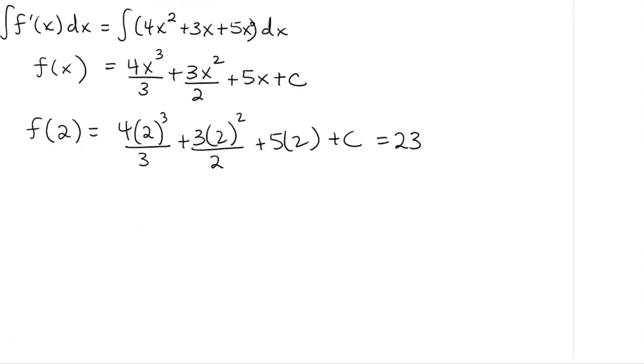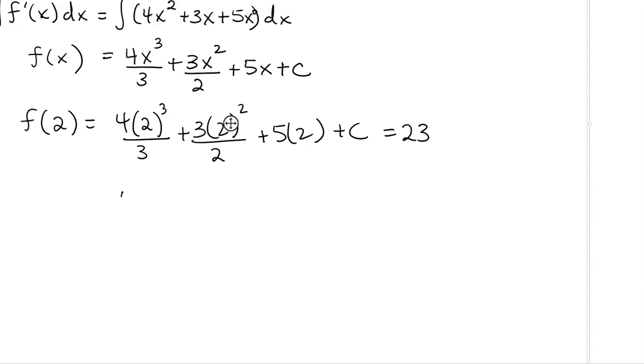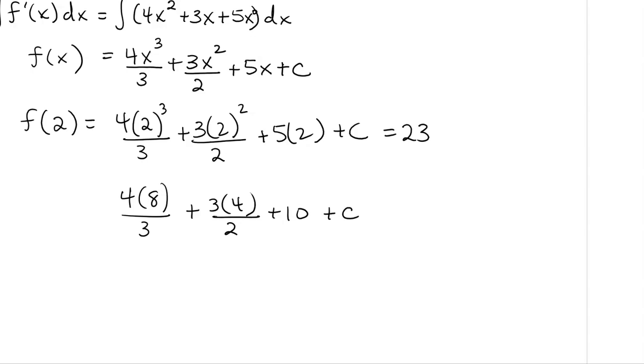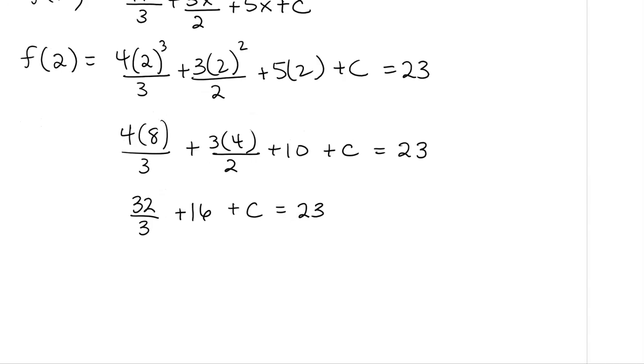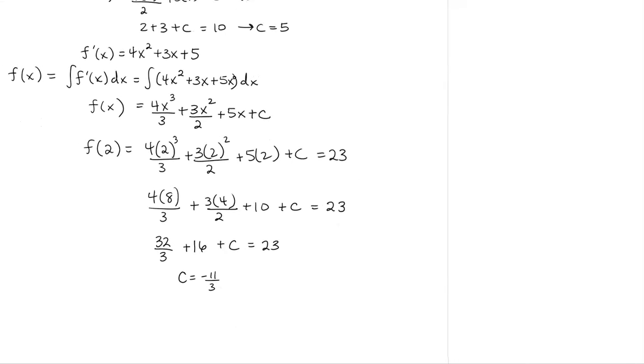And now we will solve this equation for c. So we have 4 times 8 divided by 3 plus 3 times 4 divided by 2 plus 10 plus c is equal to 23. Gives us that c is equal to a negative 11 over 3.